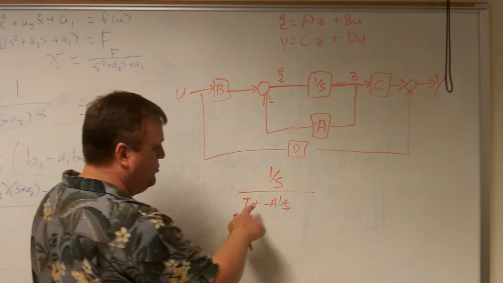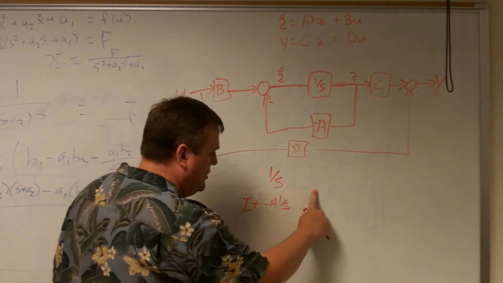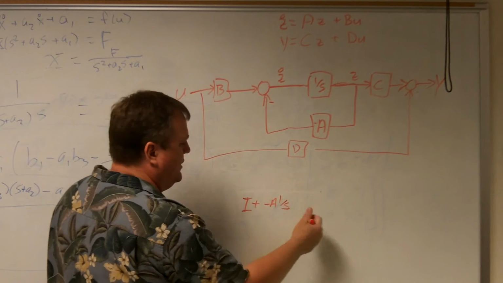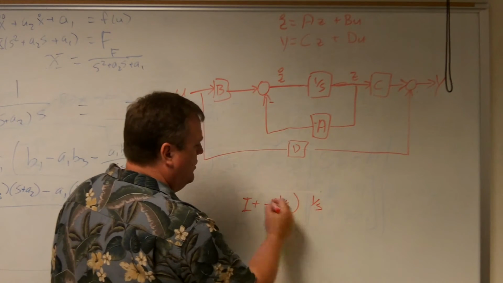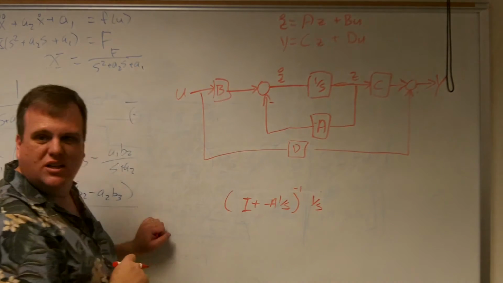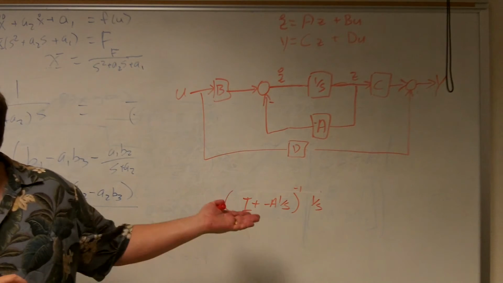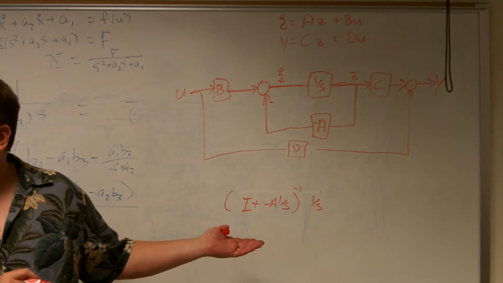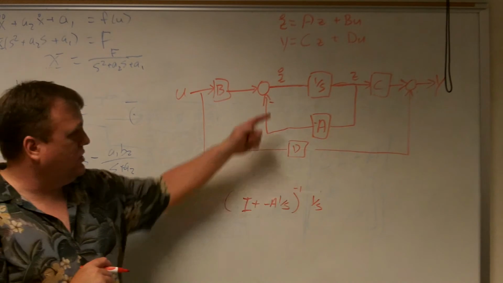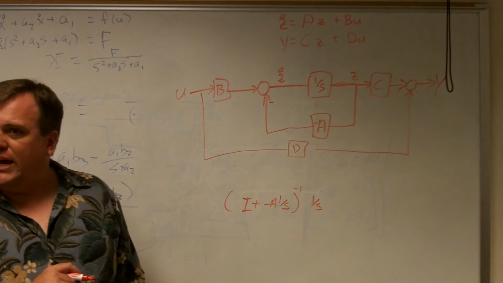Since it's a matrix, I can't really write division, so I have to write it this way. It's the only way I can handle matrix division. I have to say its inverse. So this is the equivalent of what we had before.